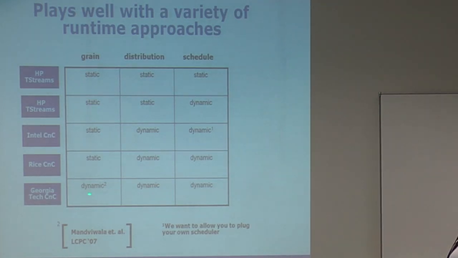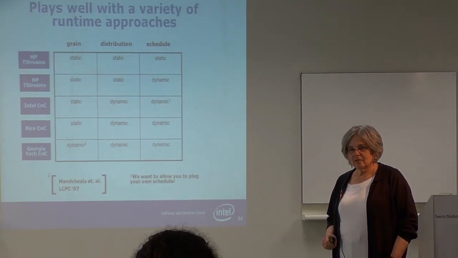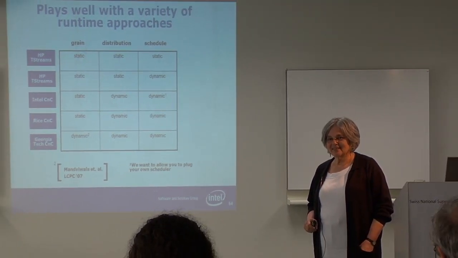We had a totally dynamic system that he built, and it was presented at LCPC. So there's a wide variety of ways that you could do the back end, and that's all under the purview of the tuning. All these would be CnC implementations in different runtime systems, but the description of the model is exactly the same.